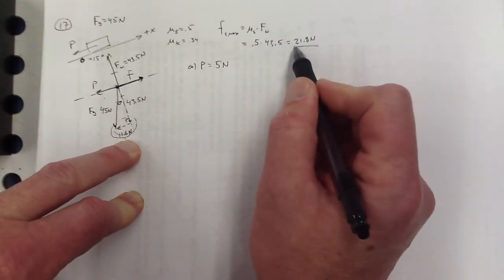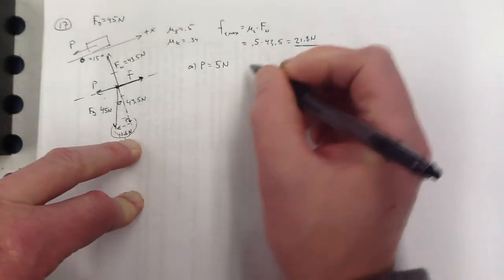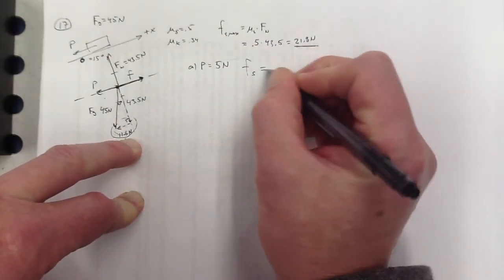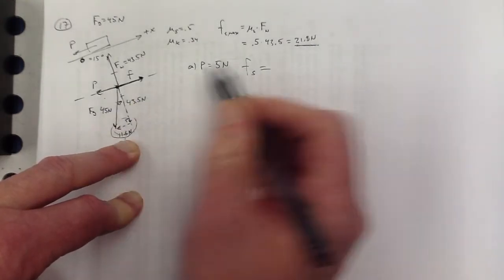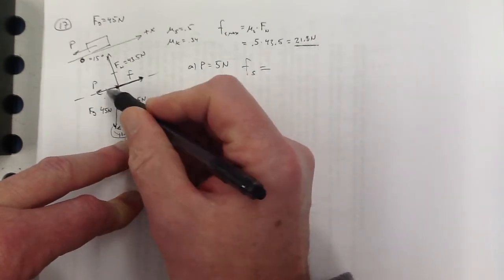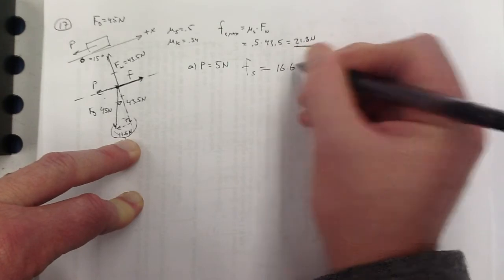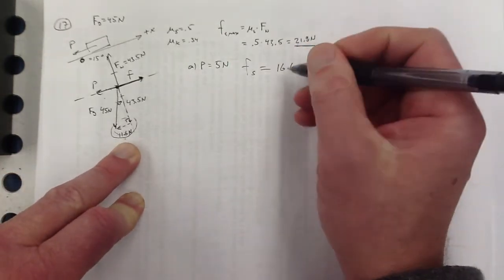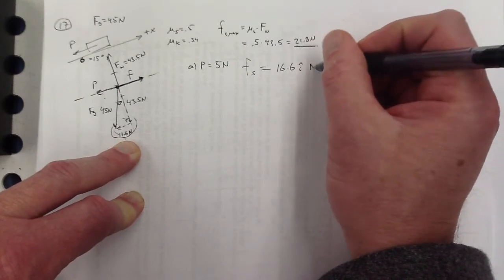Yes. We can have up to 21.8 newtons of static friction. So in this case, how much static friction do I need to keep it from moving? Well, it just needs to match that. It doesn't need that much. It's going to be 5 plus 11.6. And they wanted it in unit vector notation, so that's going to be up the ramp, in the positive i direction.